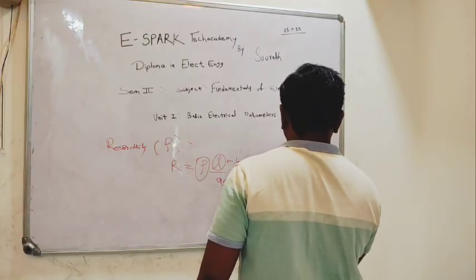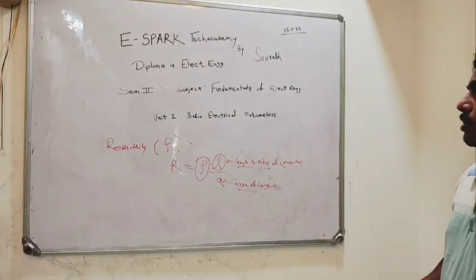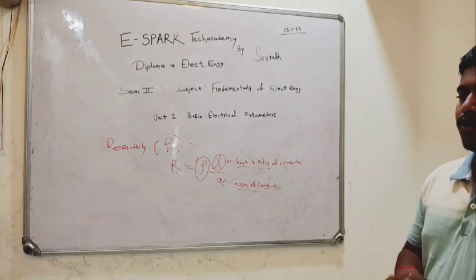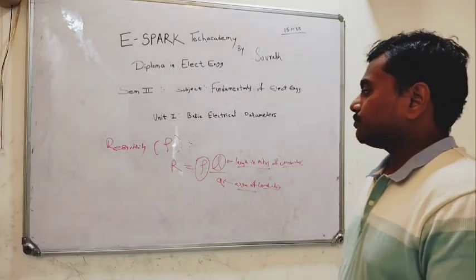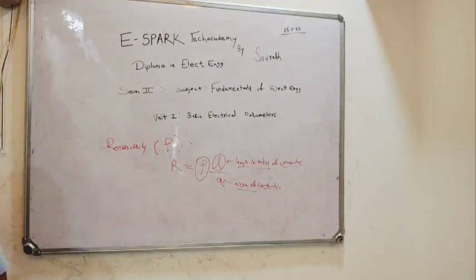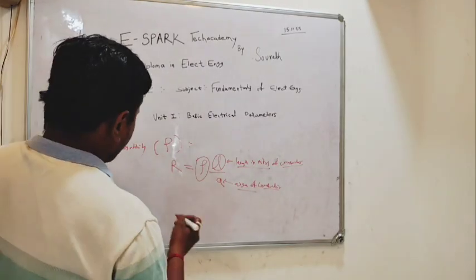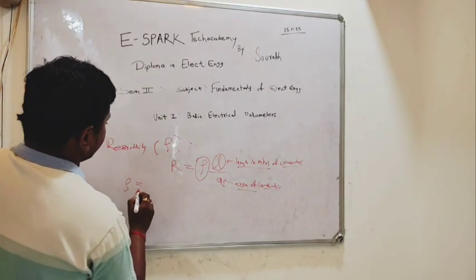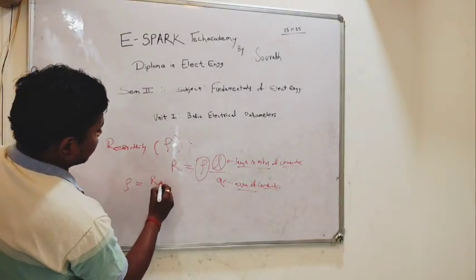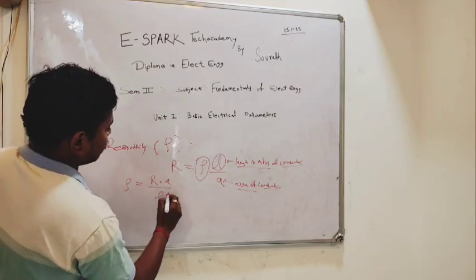Resistivity is nothing but a property of material which tries to resist the flow of current. Now it will be shown how to calculate the unit of resistivity. From this expression, R into area divided by L will be rho.